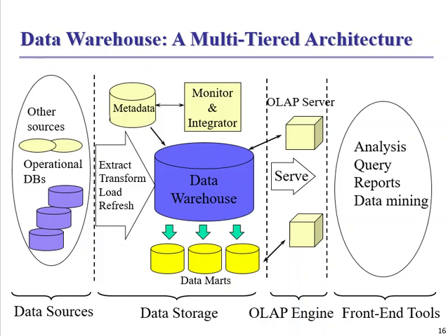Now let's take a deeper look into our data warehouse and see what is in there. A data warehouse conceptually has four layers or four major components. First, data sources. Most of them coming from operational databases.